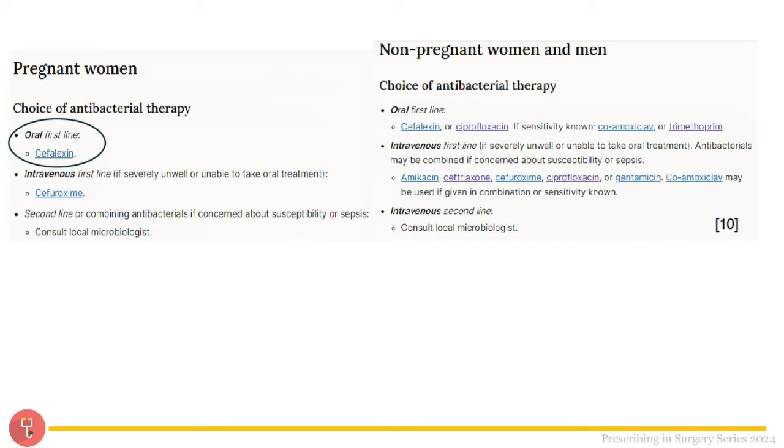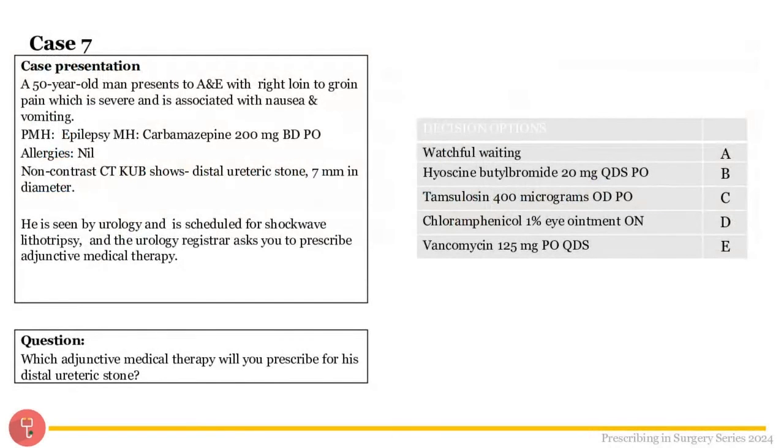Okay, so then we can move on to the next case, which I think's our last case for today. So a 50-year-old man presents to A&E with right loin to groin pain, which is severe and associated with nausea and vomiting. So in terms of his past medical history, he's got epilepsy for which he takes carbamazepine 200 milligrams BD per oral, and he's got no known drug allergies.